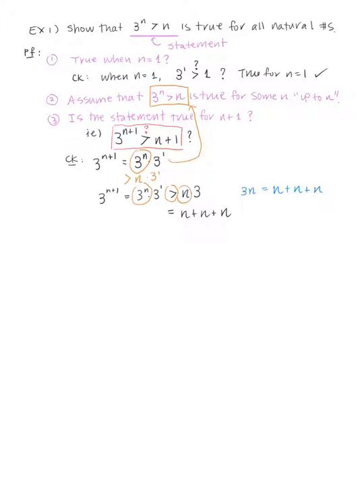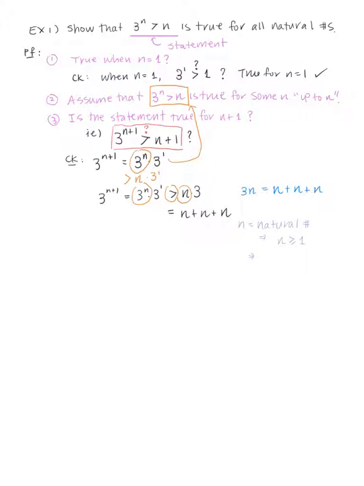Let's note that n is a natural number, isn't it? So n is a natural number, which means that n is always going to be greater than or equal to 1 because natural numbers start from 1, 2, 3, 4, and so forth. So do you agree that that means n better be greater than or equal to 1?